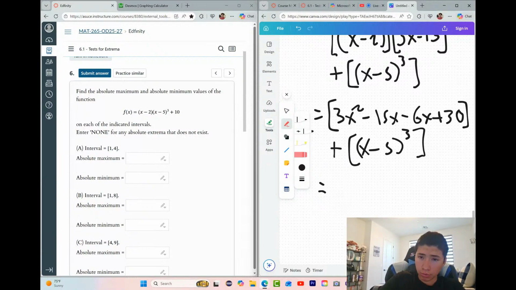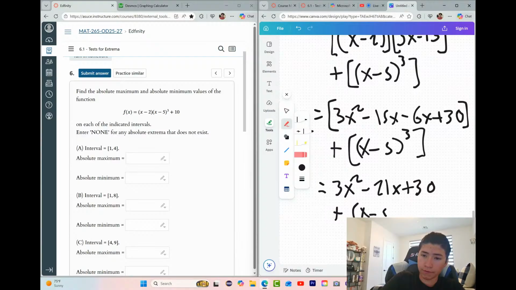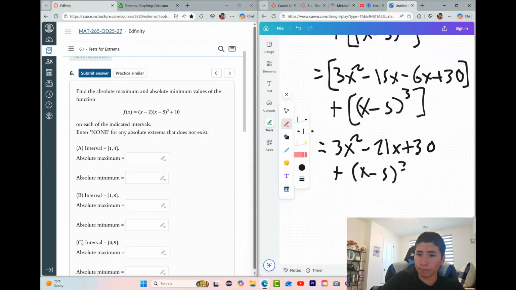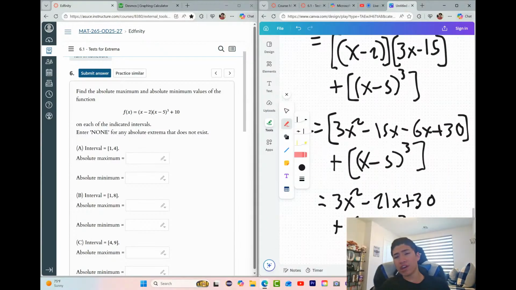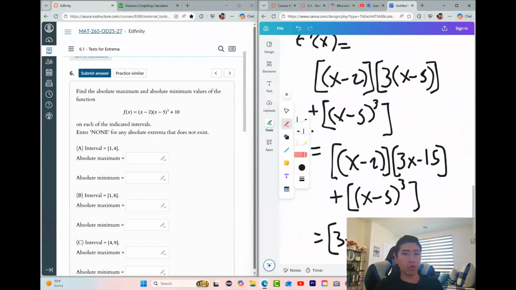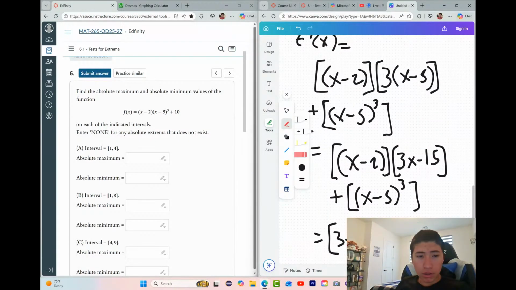And now we have 3x squared minus 21x plus 30 plus x minus 5. Cool. Or hold on, should we have kept those binomials? Am I expanding what I'm not supposed to do?